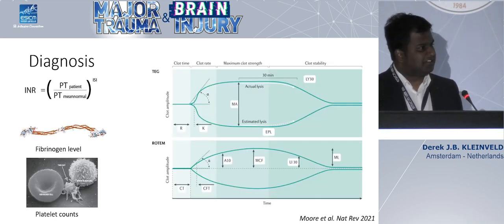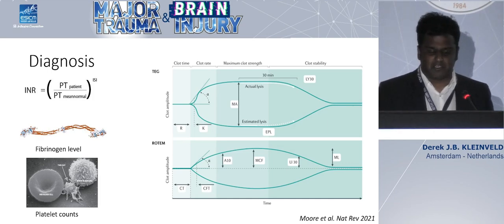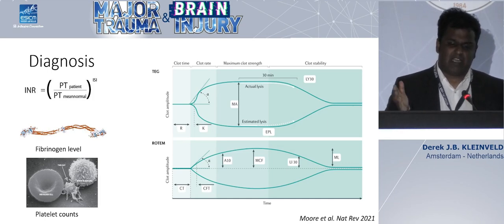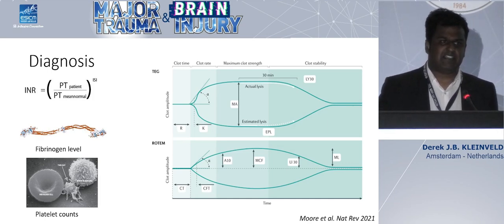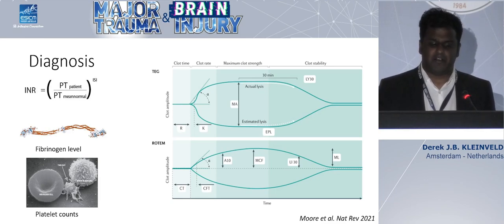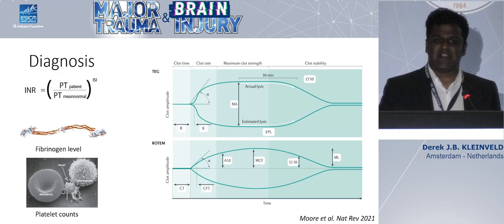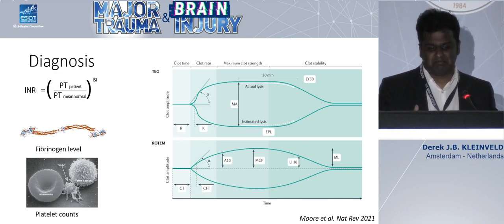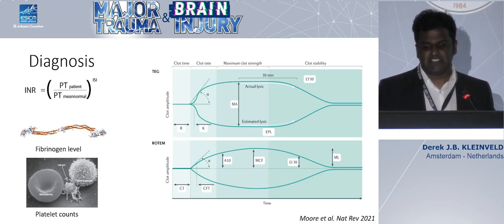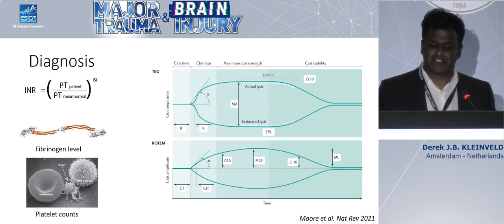To diagnose TIC, we have a few things in our toolbox. We have the conventional coagulation assays, like INR, fibrinogen levels, and platelets. Those measures tell us something about the quantity and not specifically about function.